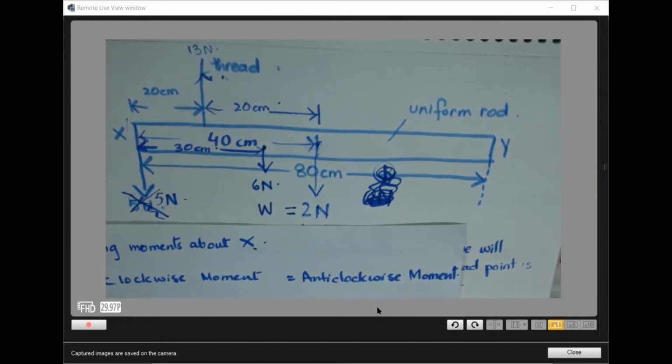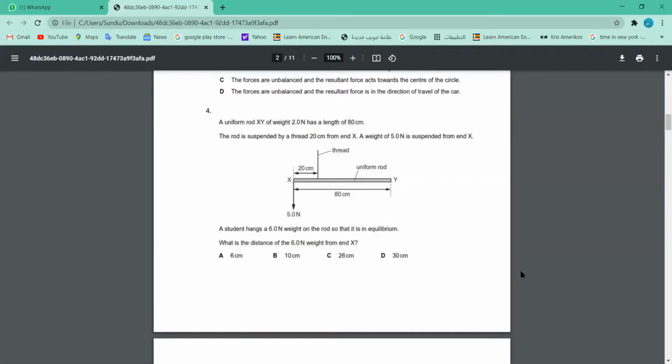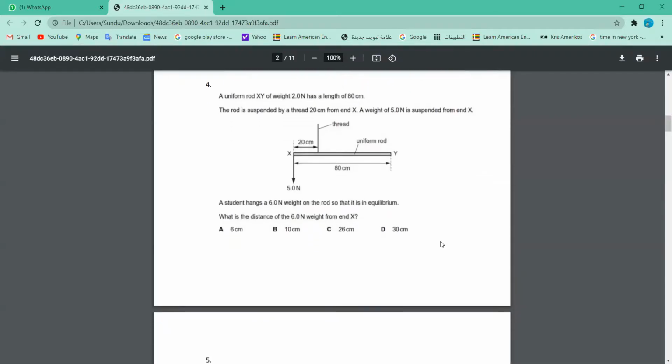Ma'am, you can share 2 screens at a time, 2 tabs by clicking control. Okay, I'll work this out later, because I'm not familiar with it right now.